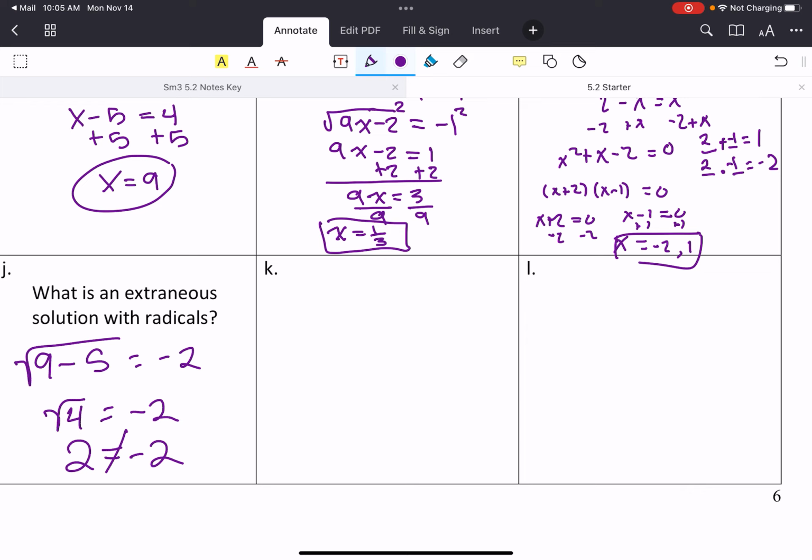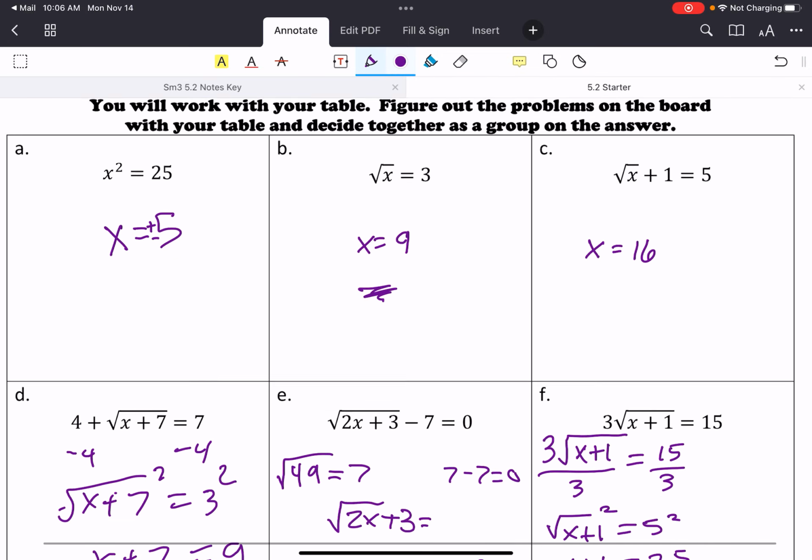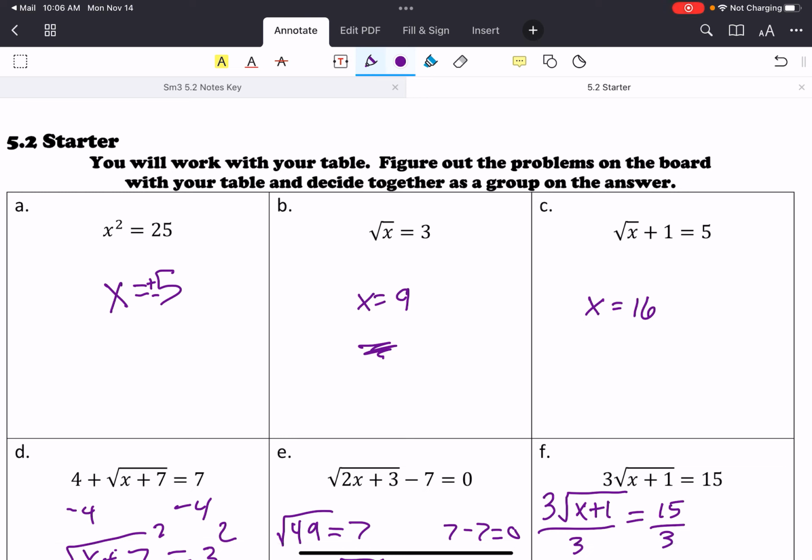I agree with what you're saying. It has something to do with when you are squaring, you can square a negative. Okay, so I think what she's getting at is right up here. We had x squared equals 25, and we square rooted both sides to get that x equals positive or negative 5.